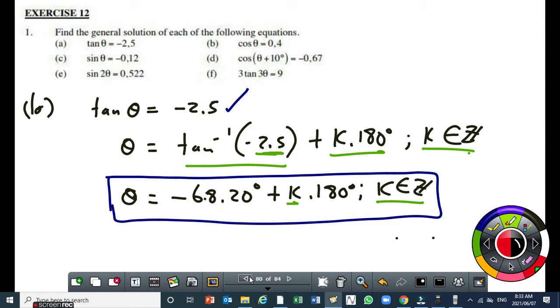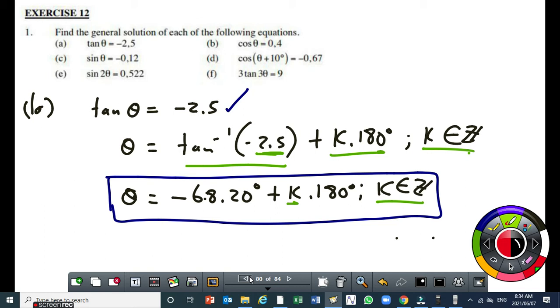The general solution is a formula that you can use to determine all the possible solutions for theta. We are not finding values of theta. We are finding a formula that we can use to determine all the values of theta.